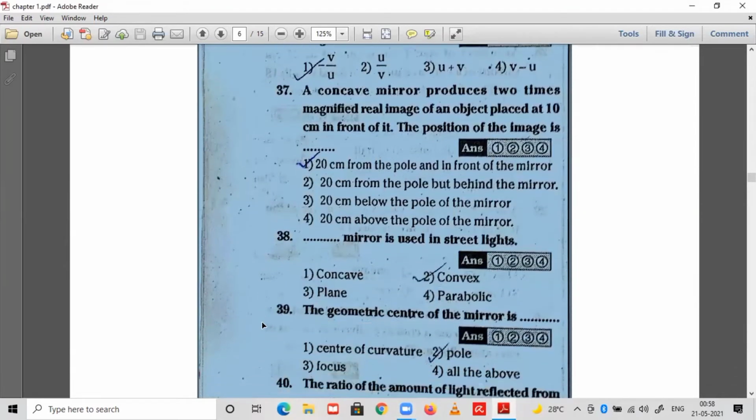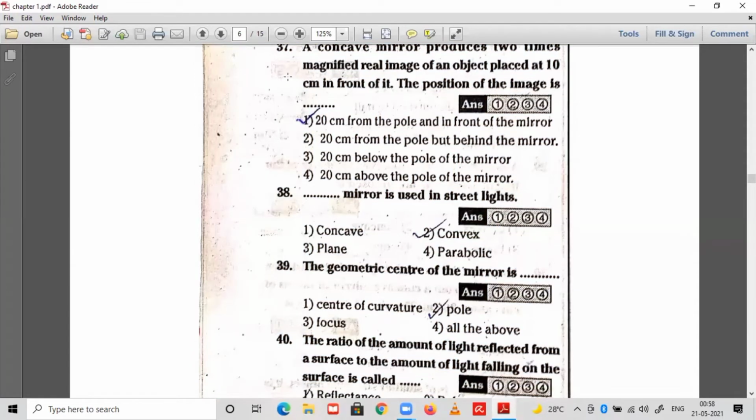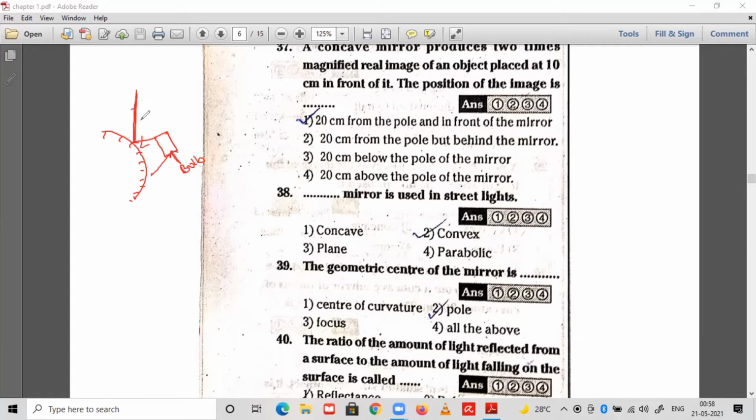Dash mirror is used in the street lights. Look here, the main application of the convex mirror is that it is used in the street lights. Because of its diverging nature, in place of the square, I place the powerful light source here. All the light rays will diverge, so the diverging light will cover a huge field area, more area.